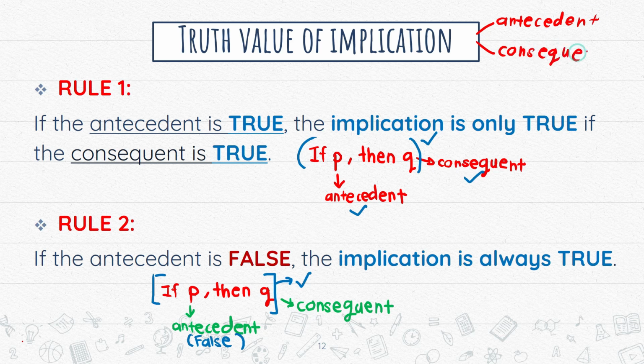You need to look at both of them. Rule number 1 says that if the antecedent is true, the consequent needs to be true for the implication to be true.